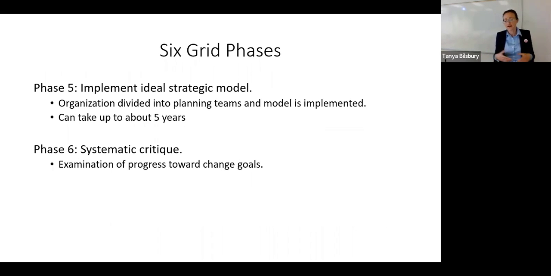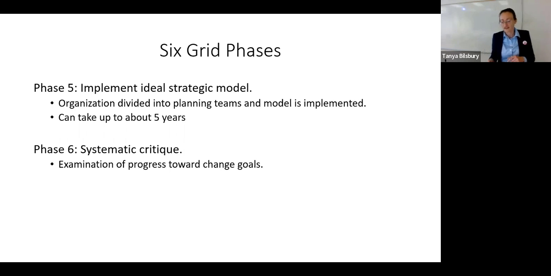In phase 5, we would implement this ideal model. And so you have planning teams take the lead for that. And this could take a long time, like months to a few years. And again, at the end, we'd check back and see how well this is working.